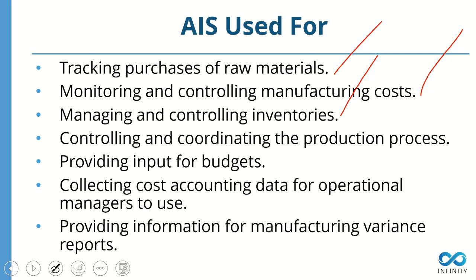Managing and controlling inventories, controlling and coordinating the production process, and providing the input for making the budgets in the organization, collecting cost accounting data for operational managers to use.